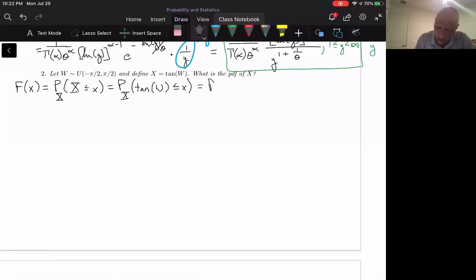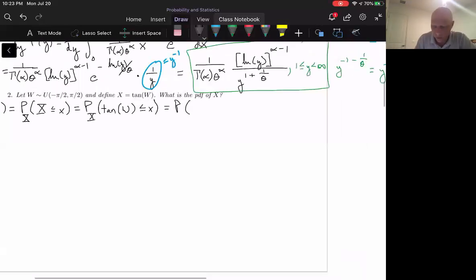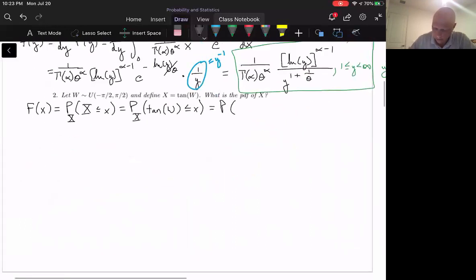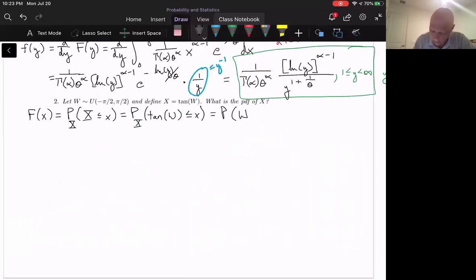Which means now when I solve for W alone, what do I have on the right side? How do you get W alone inside the parentheses? Inverse tangent.